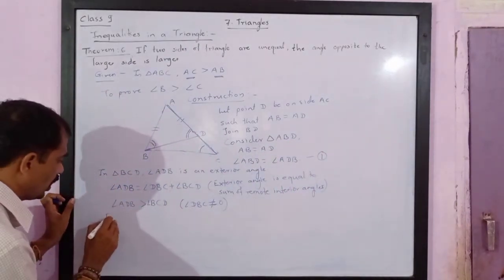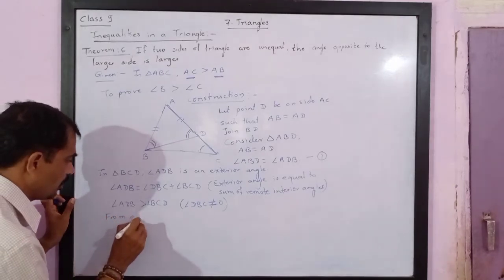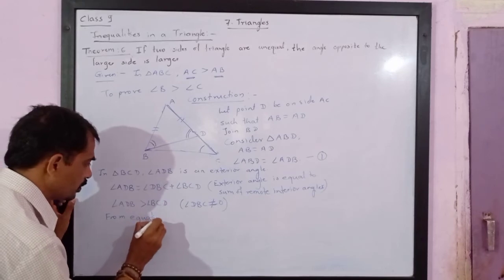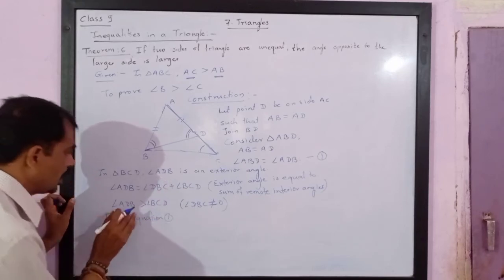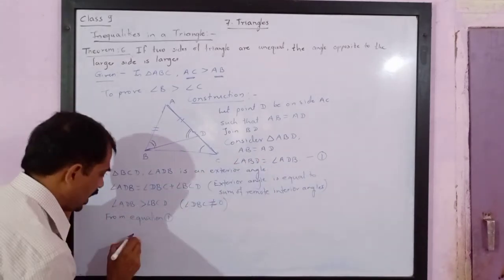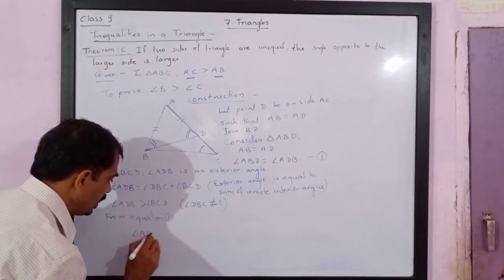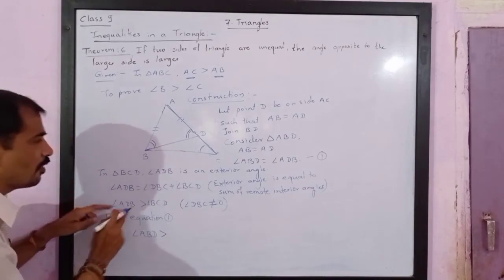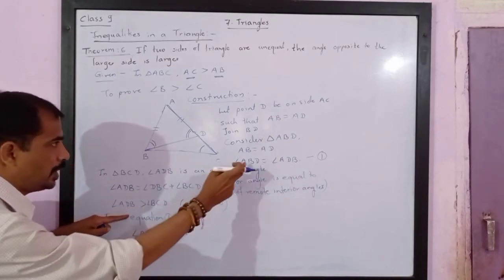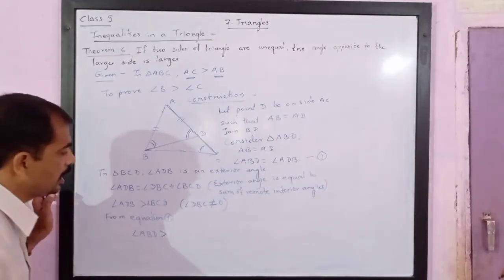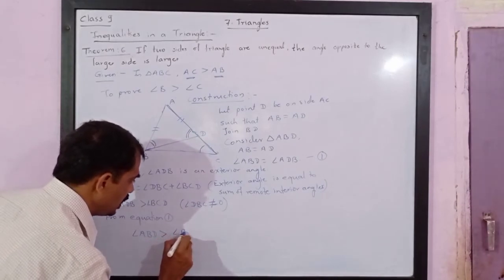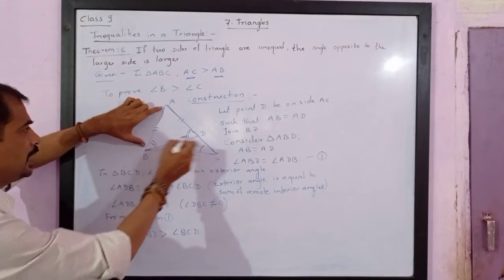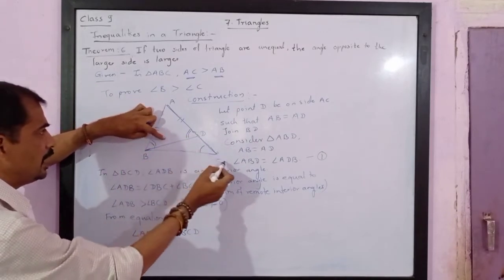From equation 1, since ADB equals ABD, I get angle ABD is greater than angle BCD. Watch carefully. Now I have got angle ABD is greater than angle BCD.